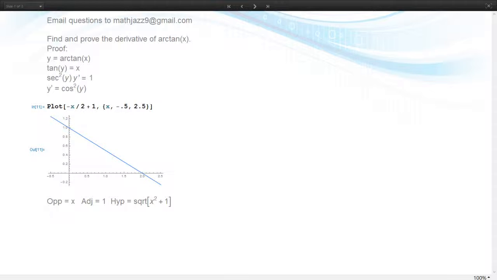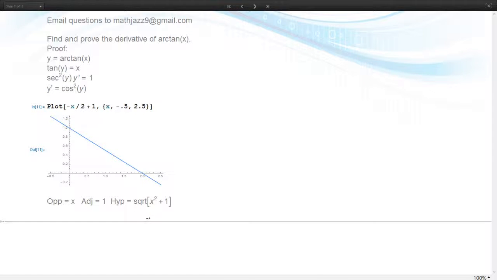So we now go back to this equation for y prime. And we say, well, y prime equals the cosine squared of y. The cosine is going to be the adjacent side divided by the hypotenuse. The adjacent side is 1, and the hypotenuse is the square root of x squared plus 1.